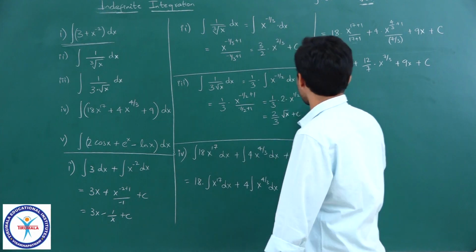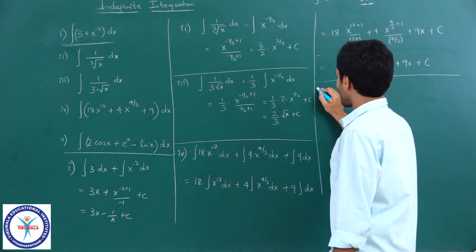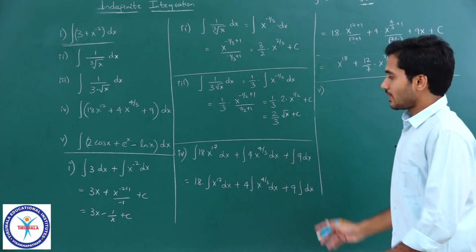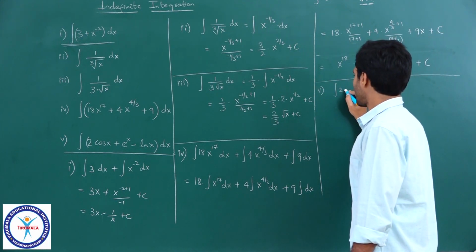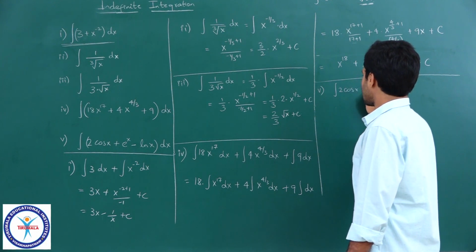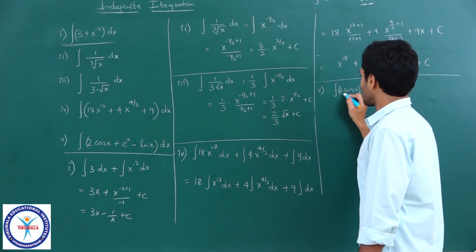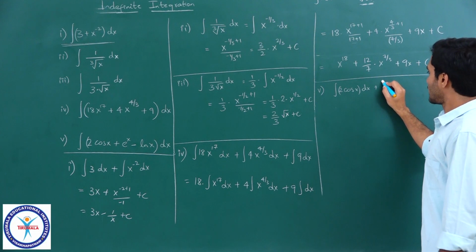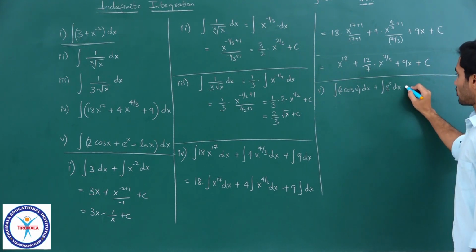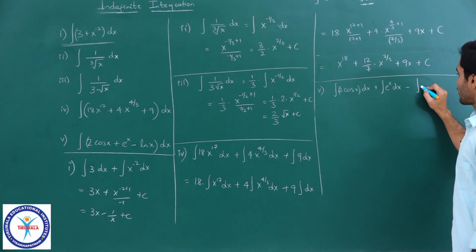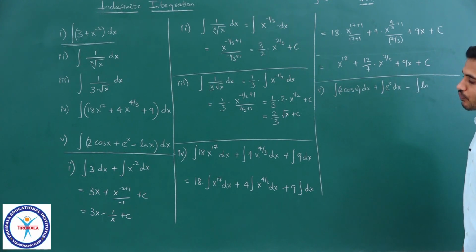Okay. Now, one last question. So, the fifth one, I will separate them out and then write the expression integral of 2 cos x dx plus integral of e power x dx minus integral of, oh, I have written ln x there.